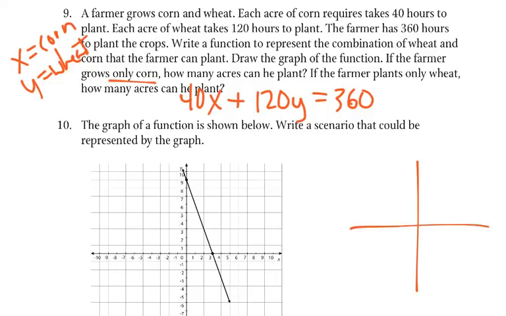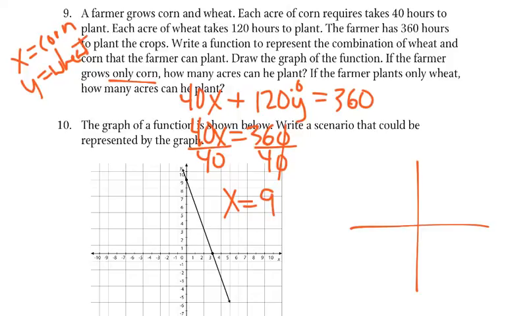Then to graph it, let's find out for only corn. So find out our X-intercept. So 40x would equal 360, because we times this one by 0, and it would eliminate. Divide by 40, and we get x equals 9. He could do 9 acres. That's our X-intercept at (9, 0).